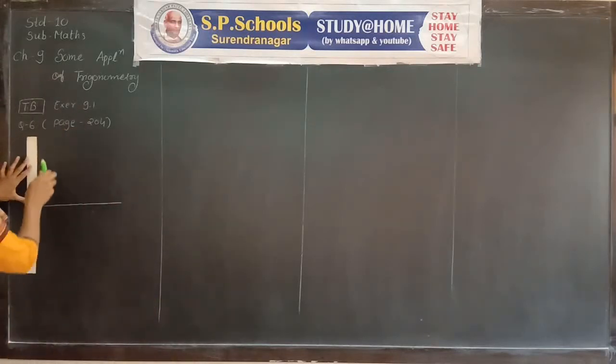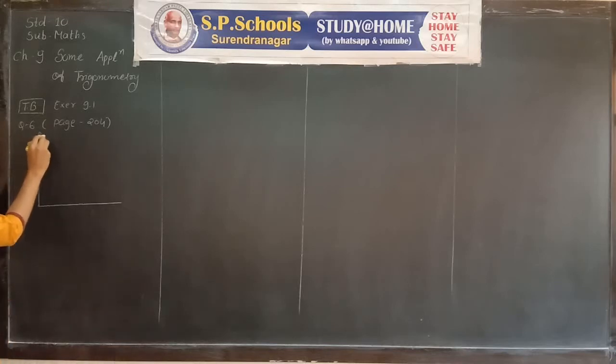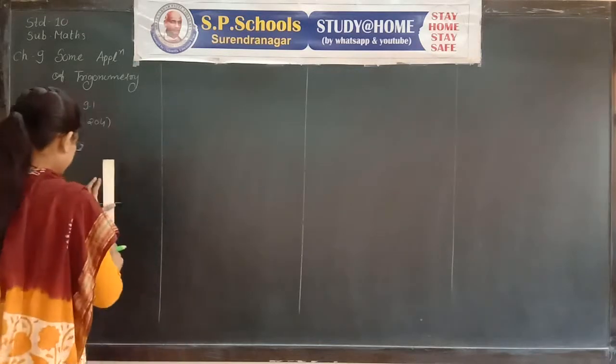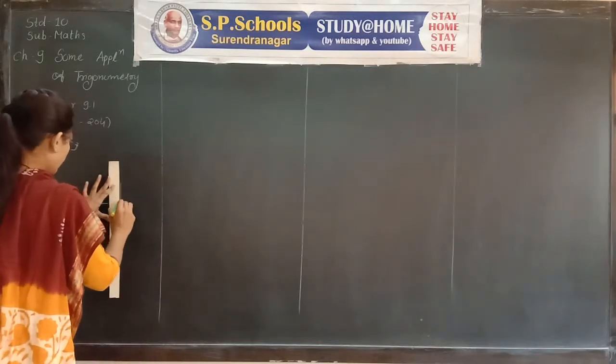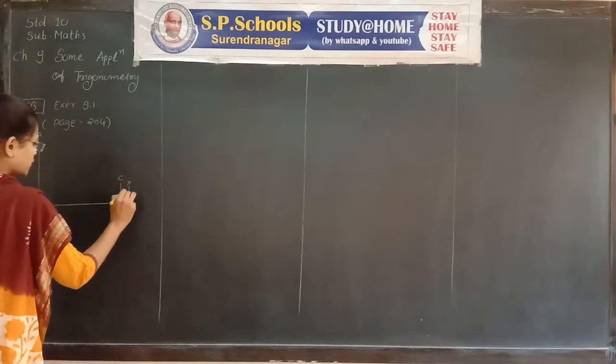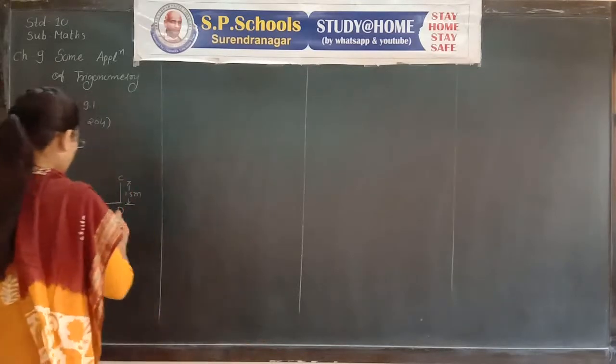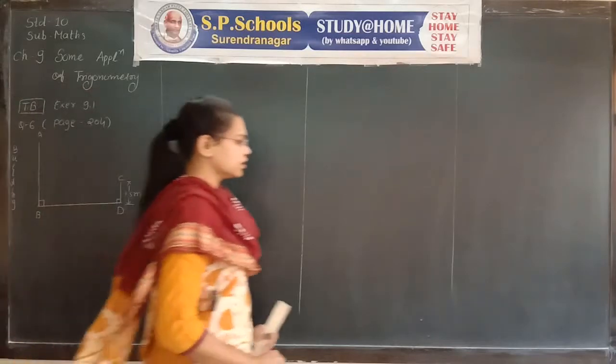Suppose AB is the building, at 90 degree to the ground level, and the boy is 1.5 meter tall, CD, which is 1.5 meter. Now again the boy stands vertically on the ground.